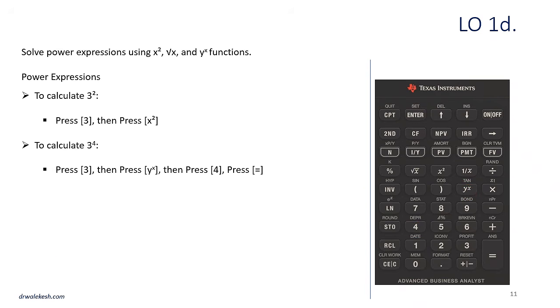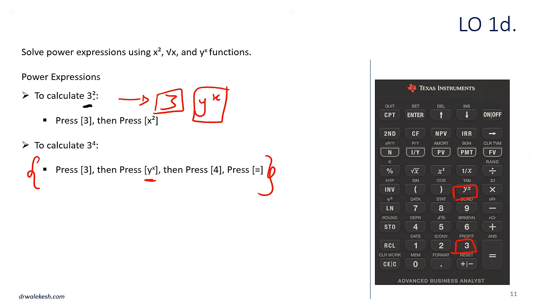It is worth noting that 3 raised to power 2 could also be solved using this method. So you can press 3, which is this. Then you press y raised to power x.